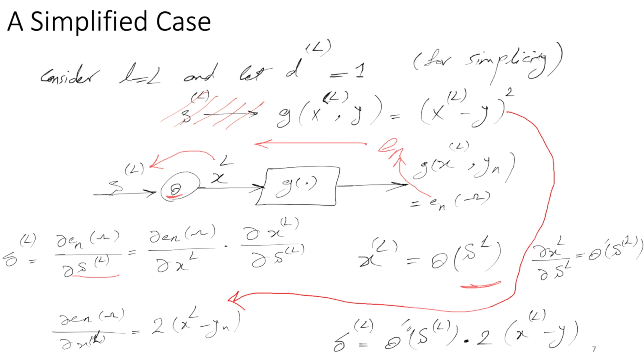If you wanted to expand it more, theta prime is 1 minus theta to the power of 2 of S. This is the value of theta prime.